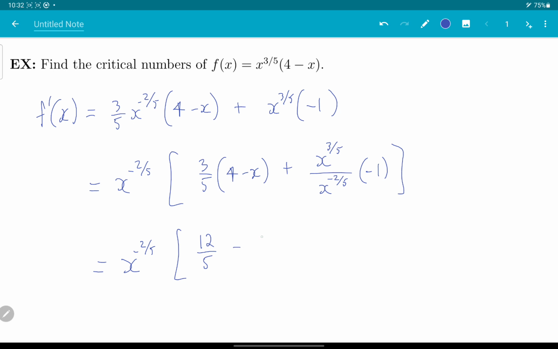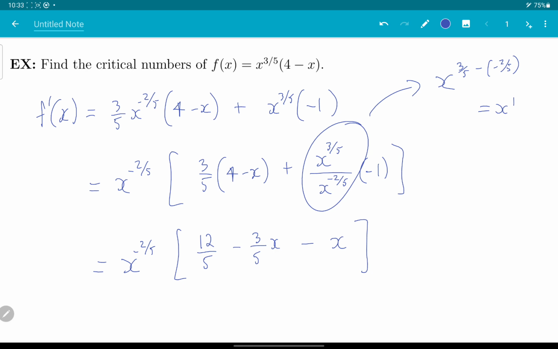Working this out, hopefully not making mistakes. Now this is nice. This is just x to the 1, which comes from the fact that you have 3/5 subtract negative 2/5. So that worked out nicely.